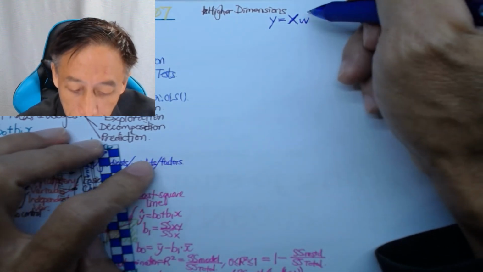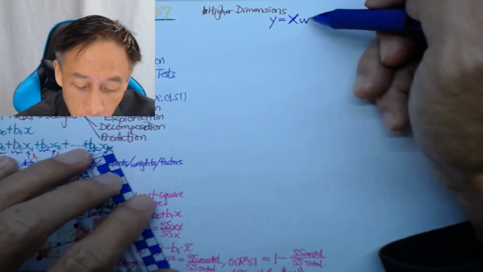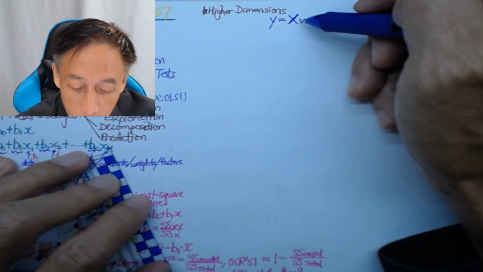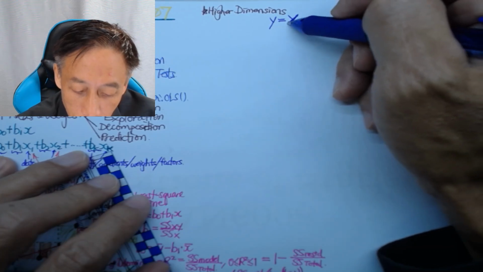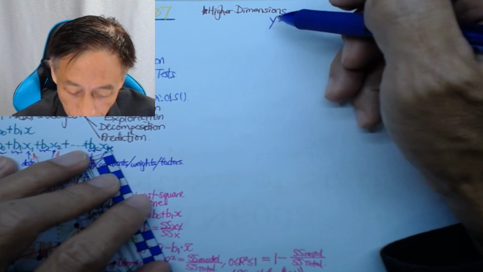Actually, I wanted to write beta or the b's, right? So we are trying to find out the weights so as to obtain the measured data y.